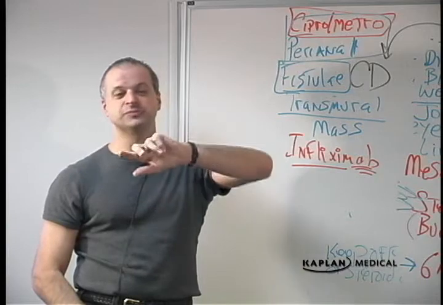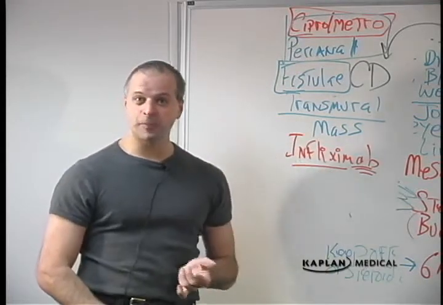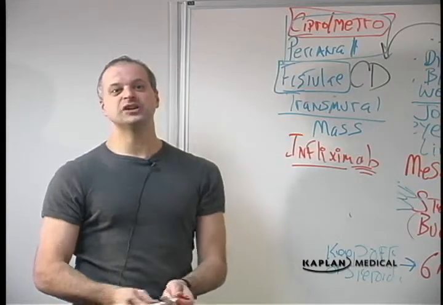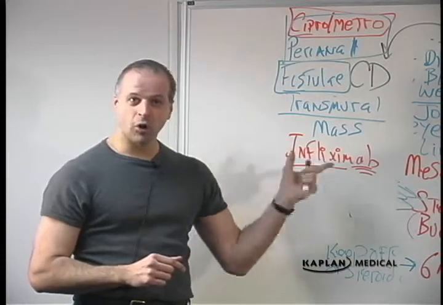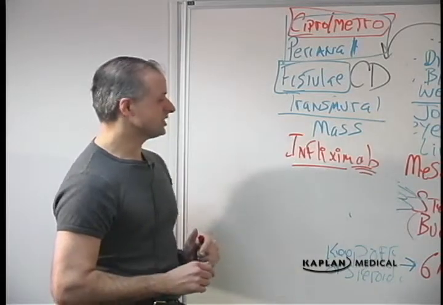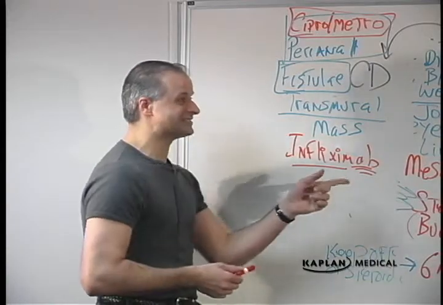Seals up the connection between your bowel and your anterior abdominal wall. Seals up the connection between your bowel and your bladder. Between your bowel and your vagina. Seals up the hole between those organs. Infliximab for fistulizing Crohn's disease.